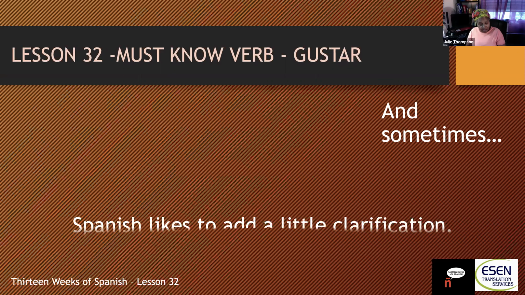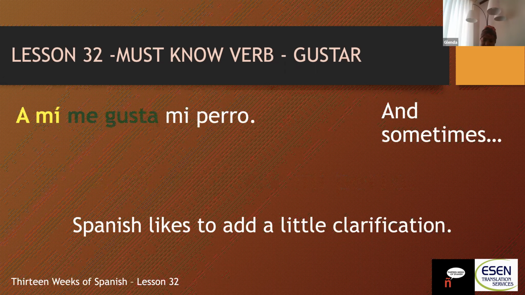And sometimes Spanish likes to add a little bit of clarification. Now, Glenda, this is where we really need to remember we are not thinking in English, we are thinking in Spanish. Because a lot of times you'll hear people say, a mí me gusta mi perro.